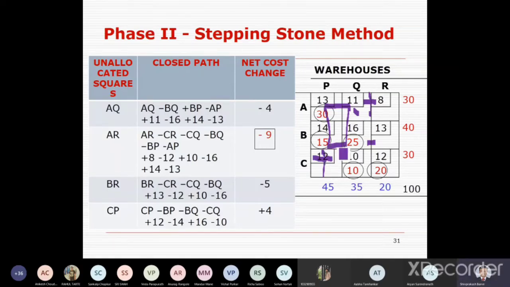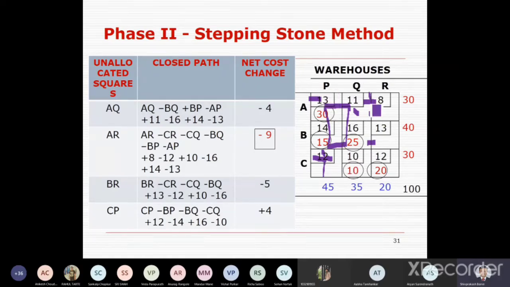Only consider corners. If there are cells in between, don't consider them. Only consider the places where you have changed the direction. Here also it is negative, because I started with positive. Mark alternate signs at every corner: positive, then negative, then positive, then negative.